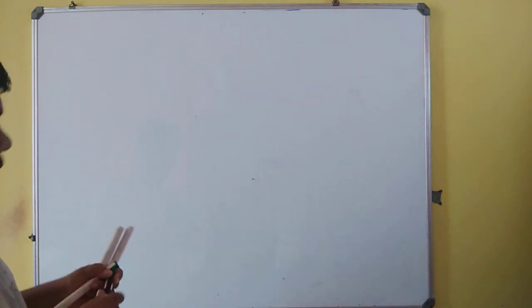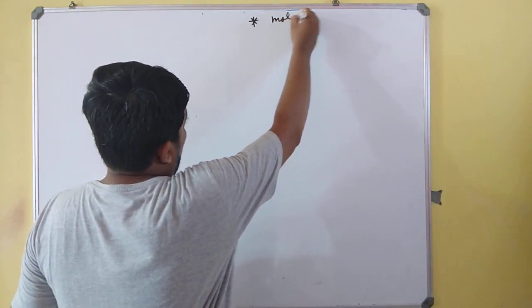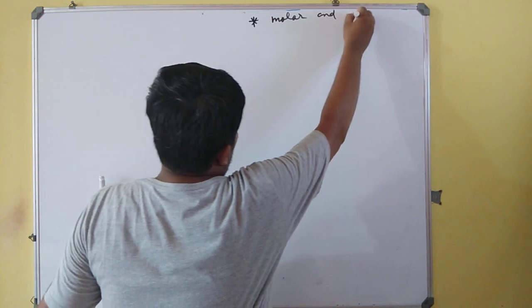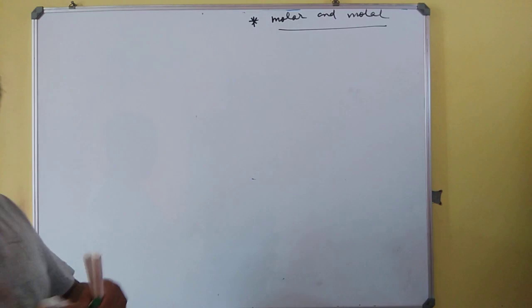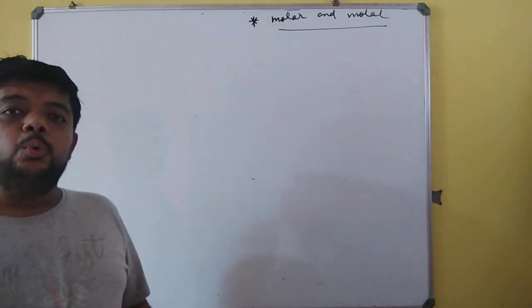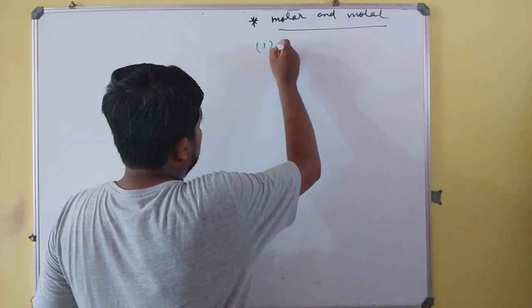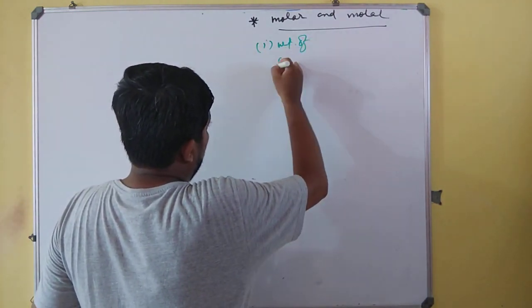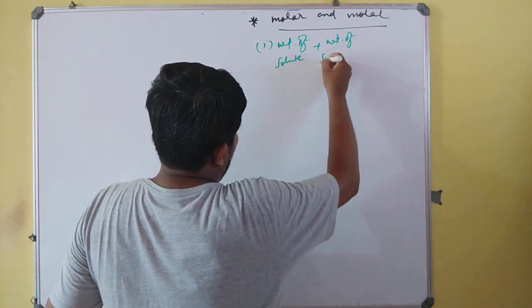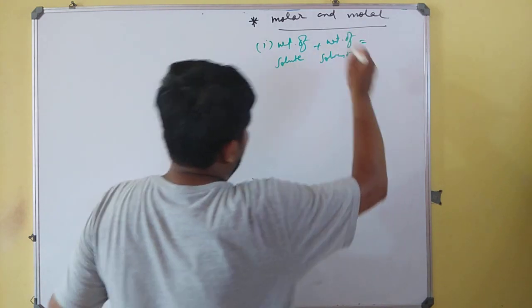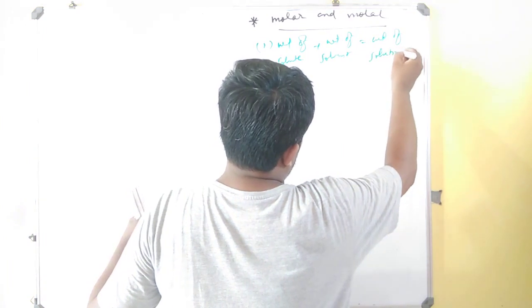So we will solve a question where you will be asked to find out both molar and molal concentration, where two sub formulas are needed. Number one, weight of solute plus weight of solvent is equal to weight of solution.